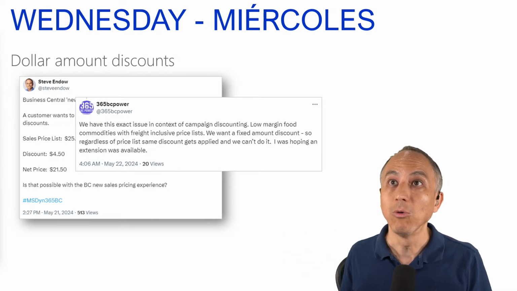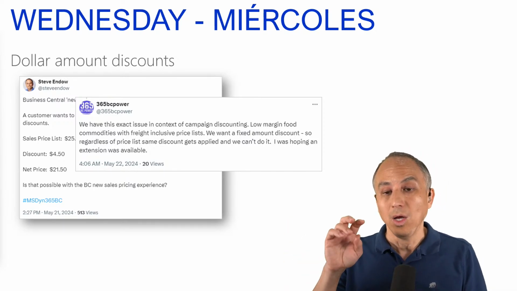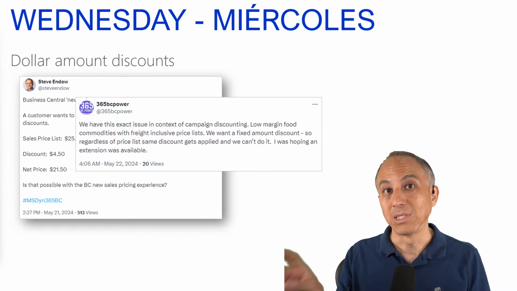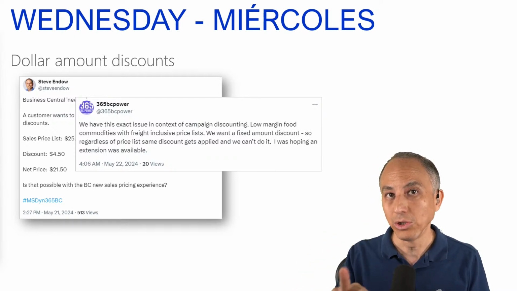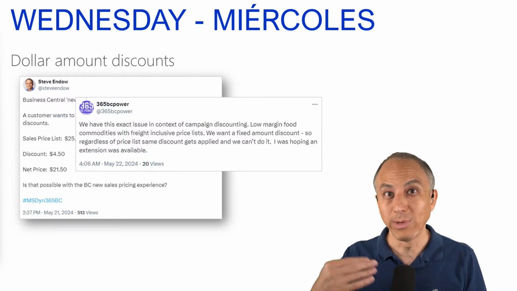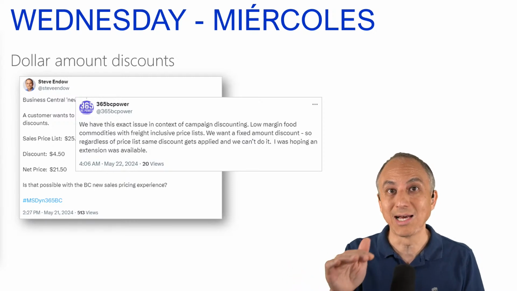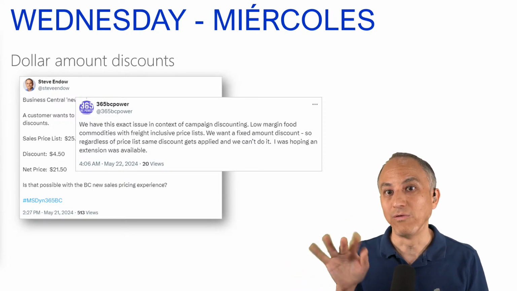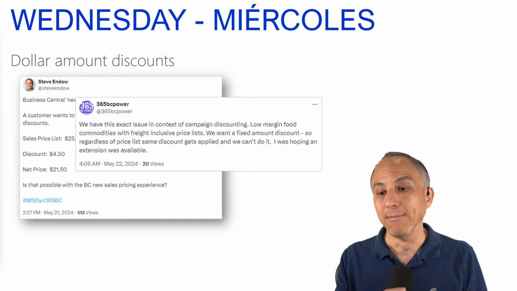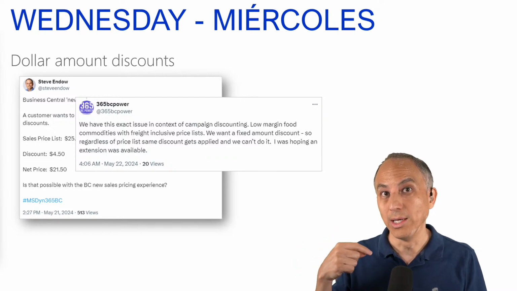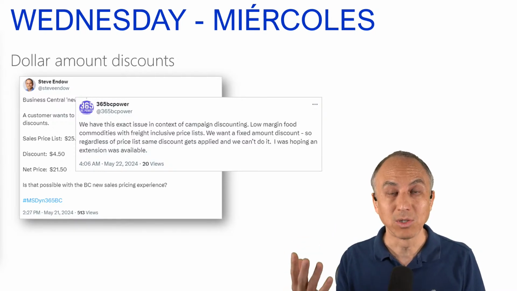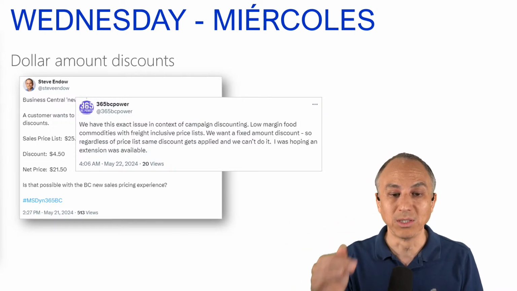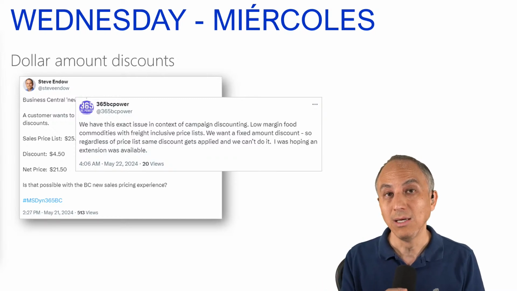Yep. I was hoping an extension was available, and it appears there are apps in AppSource. I believe there are two. One we're not sure about, no reviews, not sure of the status. Another has roughly 10 reviews. And then there's another one I didn't see in AppSource, but I've been told that they have a pricing add-on.